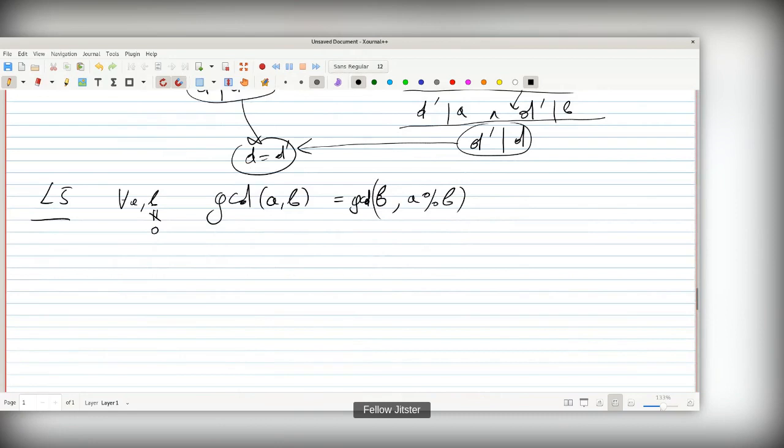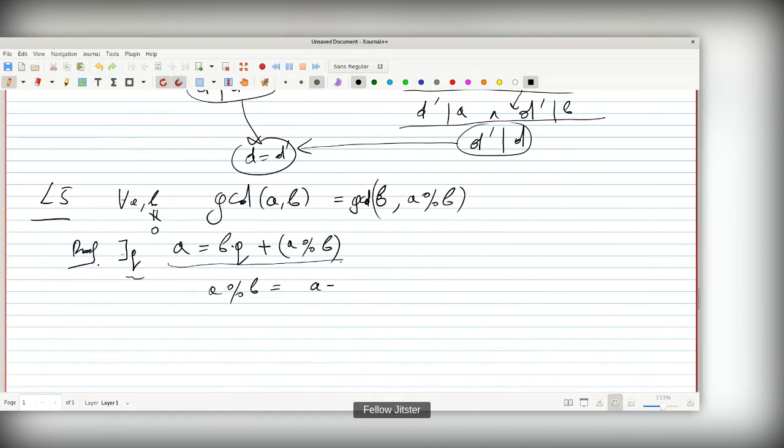Why is it so? By the integer division theorem, we have that for some q, a equals b multiplied by q, where q was the partial quotient, plus the remainder. That is our a. The remainder of dividing a by b is just a minus bq.